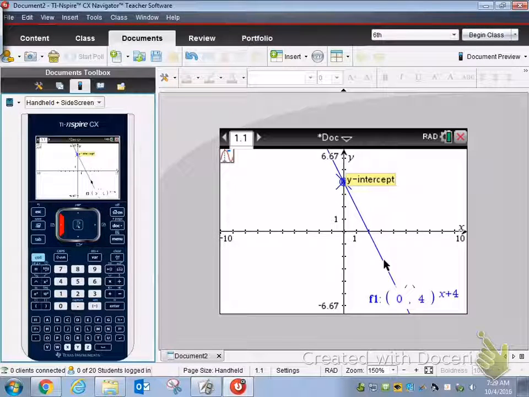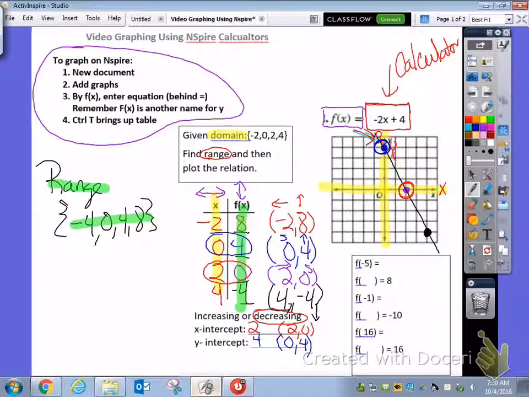And at the bottom it has (0, 4). Then I can scroll down, scroll to the right, and when I touch the x-intercept, it has (2, 0). And it says another name for the x-intercept is called zero. Okay? That is another name. Zero and x-intercept, they're interchangeable.